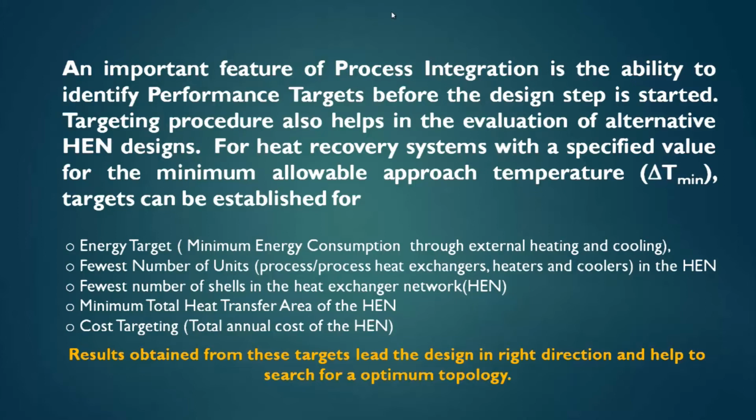In the third targeting procedure, we find out the fewest number of cells in the heat exchanger network. That means it will tell how many cells will be present in the total heat exchanger network. Why have we gone for this?